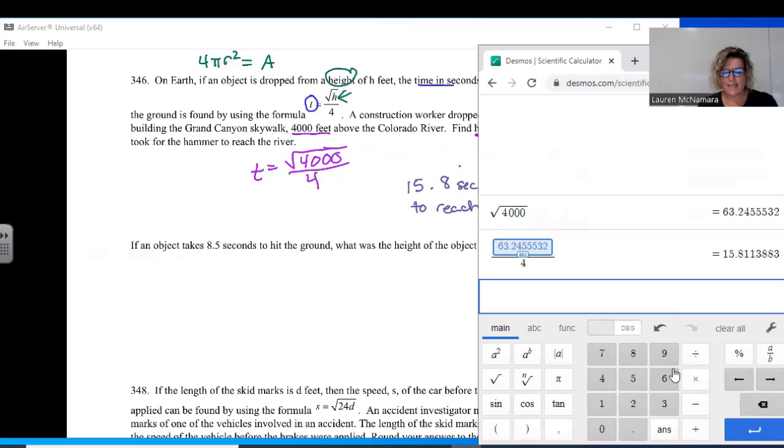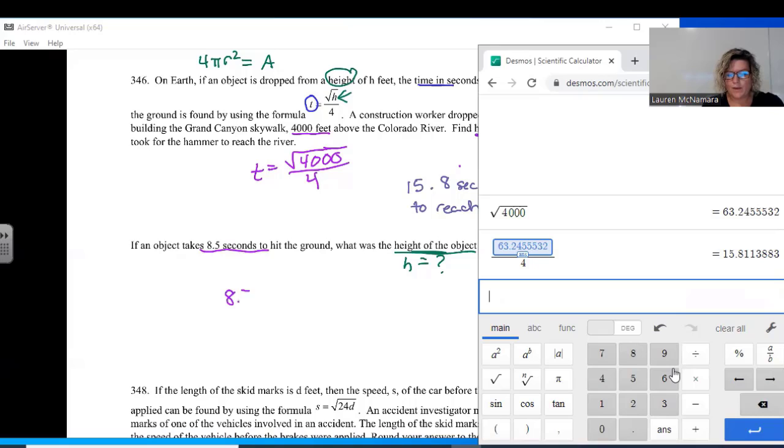If an object takes 8.5 seconds to hit the ground, what was the height of the object when it dropped? Okay, so here I'm looking for the height. So this time I know I'm looking for h is equal to. What's given to me is my 8.5 seconds.